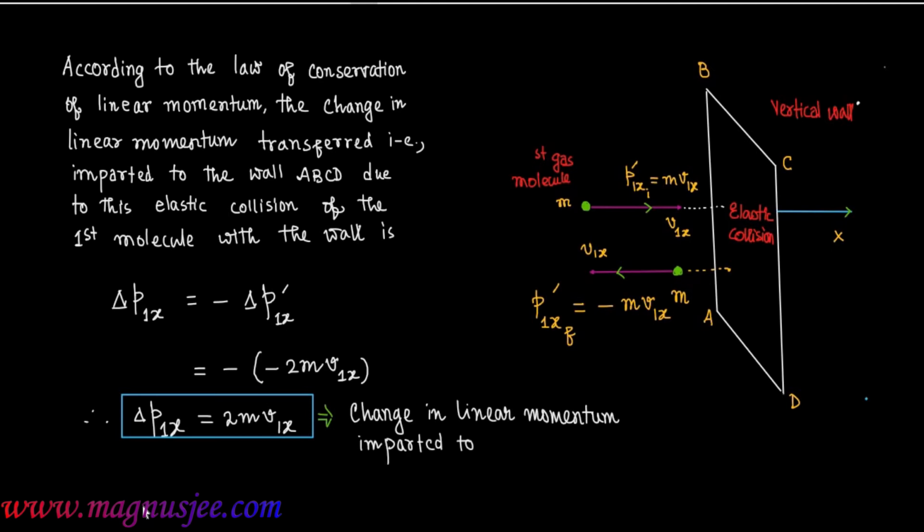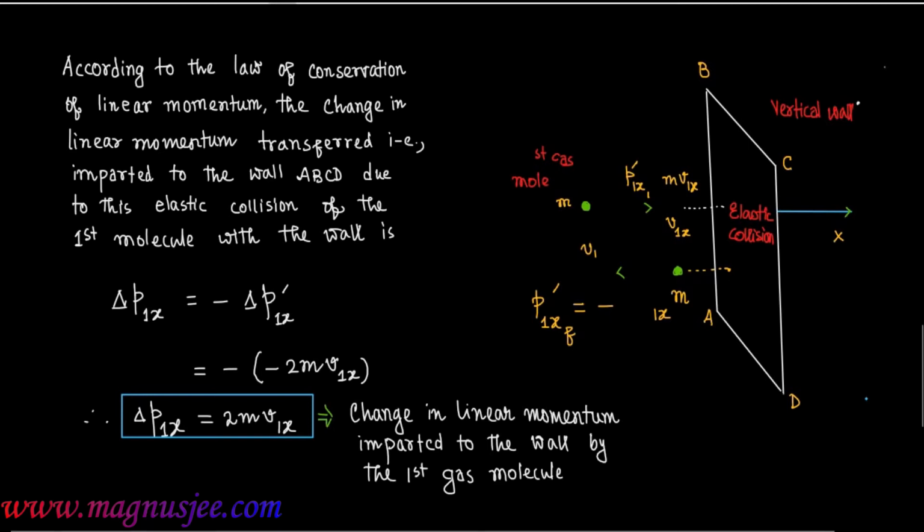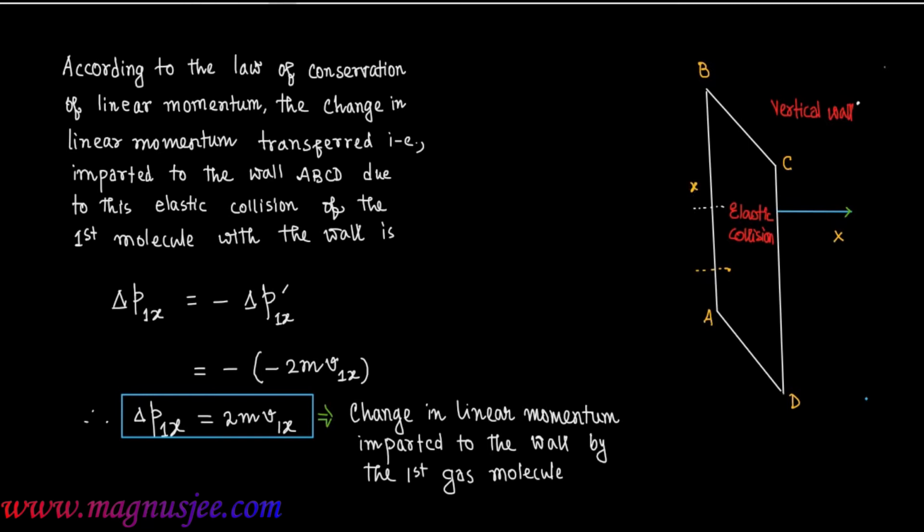This is the change in linear momentum imparted to the wall ABCD by the first gas molecule, or the change in linear momentum imparted to the wall when the first gas molecule undergoes elastic collision with this wall.